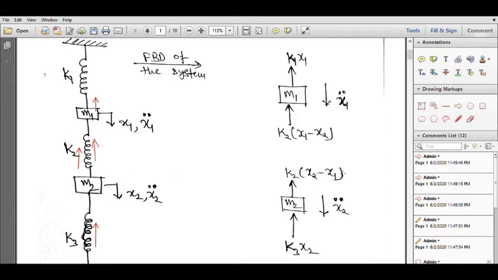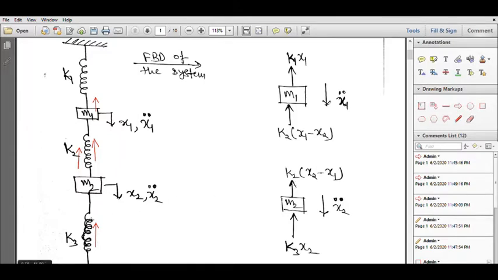I told you both x1 minus x2 and x2 minus x1 are the same magnitude-wise, but they will be opposite in direction. So for mass m2, the net deformation in the spring is x2 minus x1, and the restoring force generated in the spring K2 will be K2 into x2 minus x1 in upward direction.